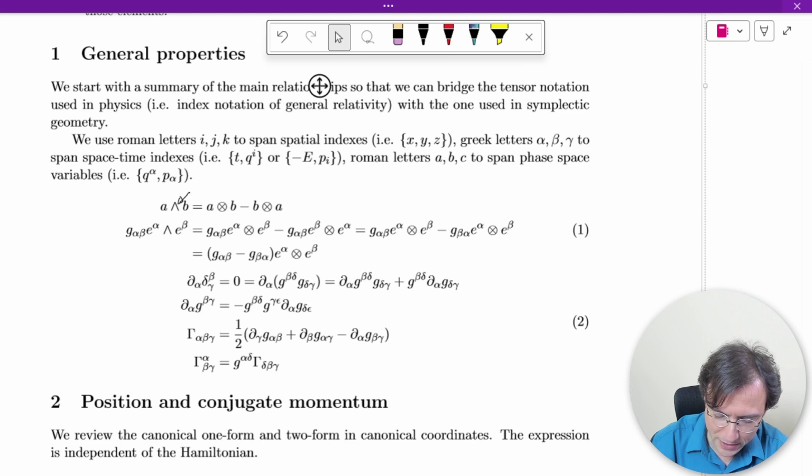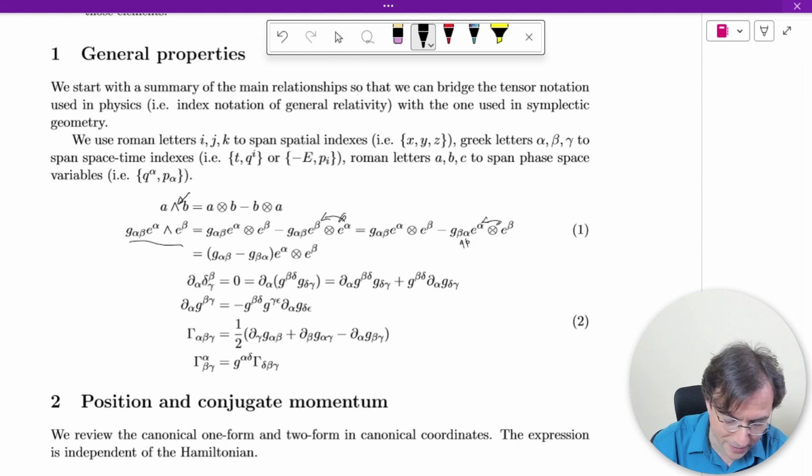Then you can switch around these two, and by switching around these two, you also have to switch around these two. And then you see that this expression is essentially equal to one with the tensor product instead of the wedge product, and an anti-symmetrization of the tensor.